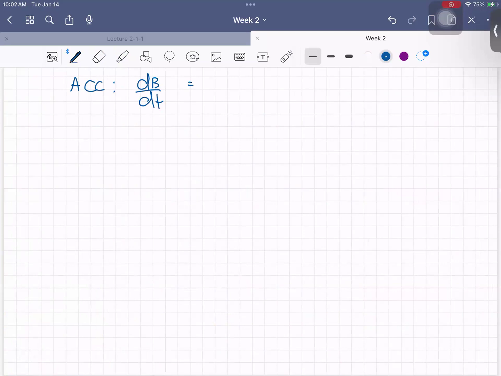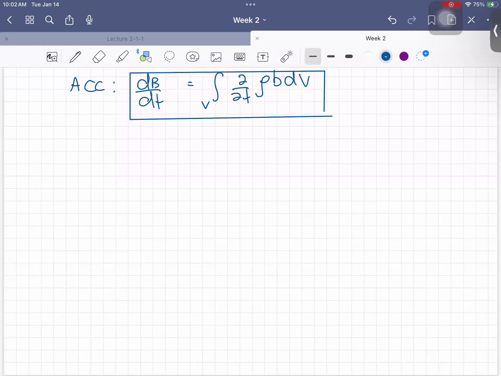We can actually put the d by dt derivative in the integral, which is this one, because as we just made an assumption that the volume is constant, the derivative d by dt here can be taken in or out of the integration. All right.